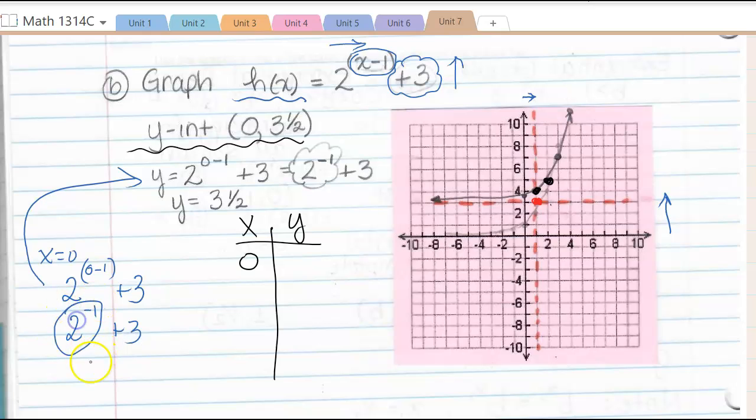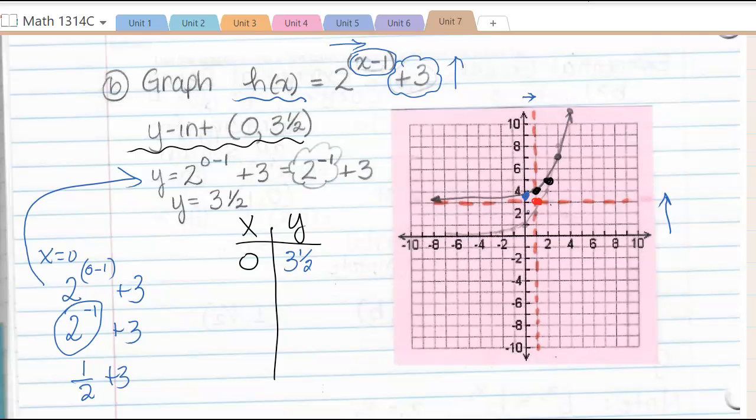And 2 to the negative 1 means it's going to create the reciprocal, which is 1 over 2 plus 3. That's how we're getting our 3.5. So we have another point by going to the original origin over here, to 0 and then up 3.5. That's where I'm getting this blue dot here.